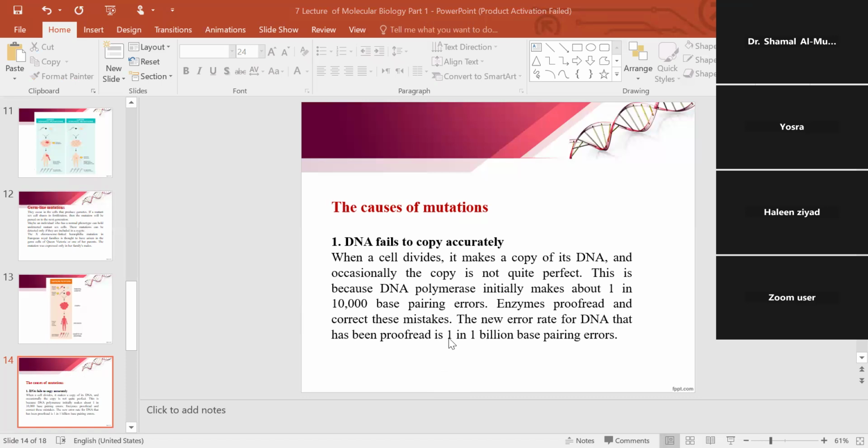It is about one mistake, one nucleotide mistake, for a billion base pairs.